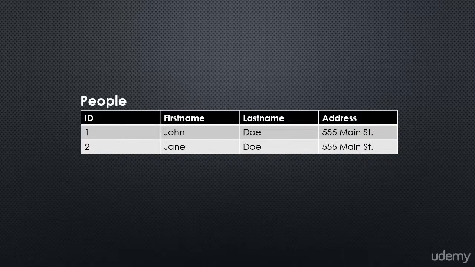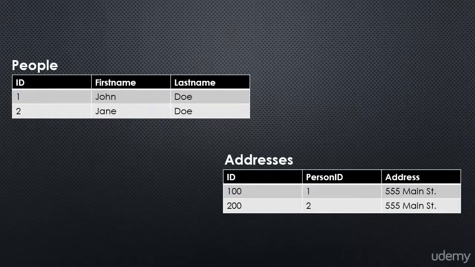But in properly formatted relational databases, we try not to just stuff everything into one table, especially when we're repeating ourselves. So for example, we might have a table of people and a table of addresses, and we connect with some kind of ID. So we say this address belongs to this person based on the ID.